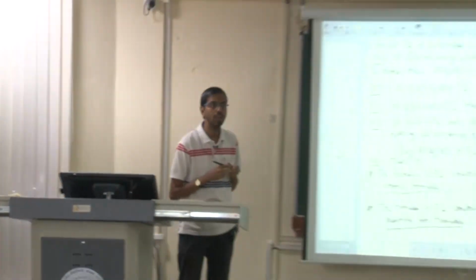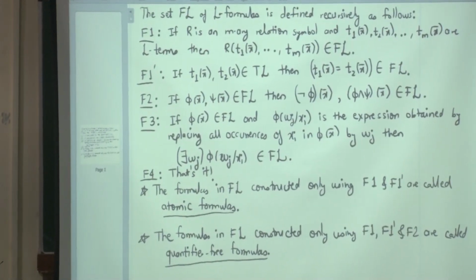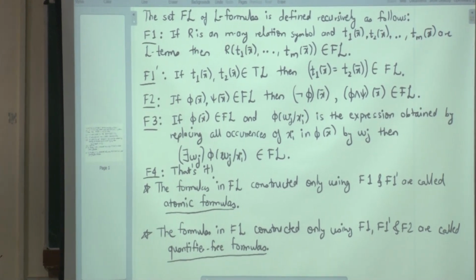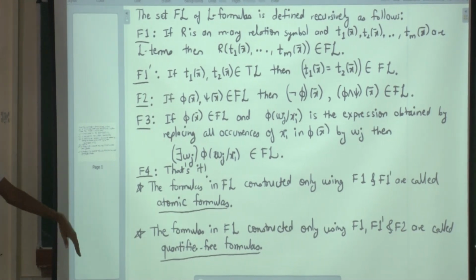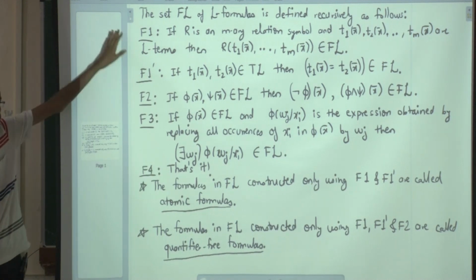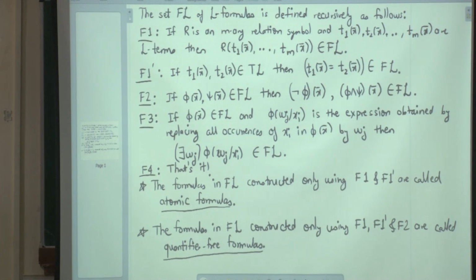Why are we doing this? Because we always want to use the letter w for quantified variables or bound variables. And the most important clause is that nothing else is a formula. Everything should be determined by just these 4 clauses.